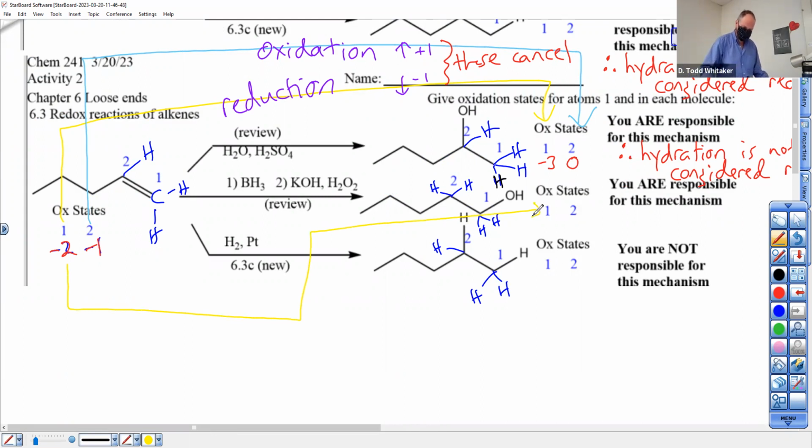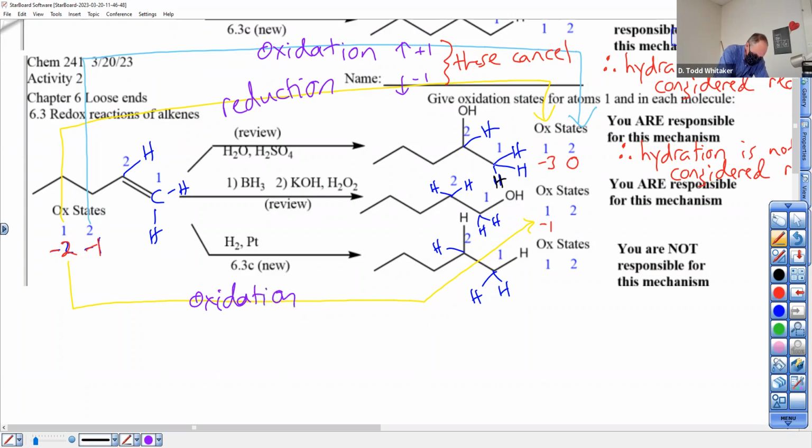Oh, I didn't do the oxidation states. My goodness. Well, when we get an answer for 1, and 1 now is -1. Can you tell me how I did that? Yeah, I got -2 and +1 and 0. So you went from -2 to -1. That one is now an oxidation, correct? It went up.